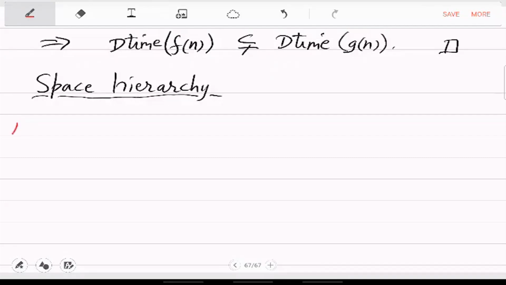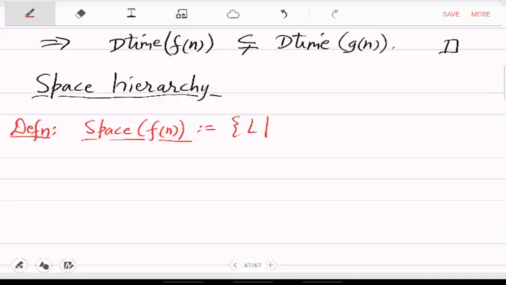So space complexity class, as the name already suggests, these are problems which are solvable in order F(n) space.